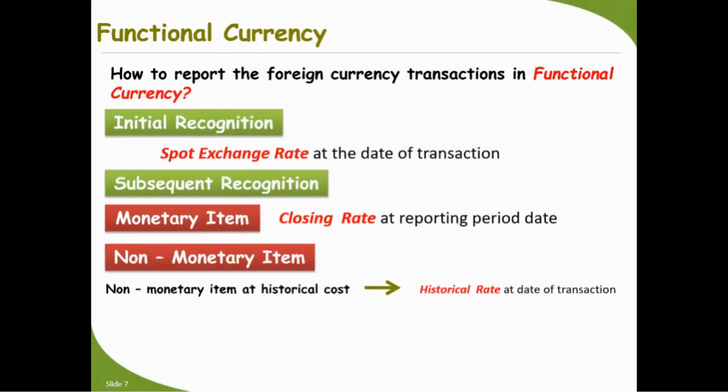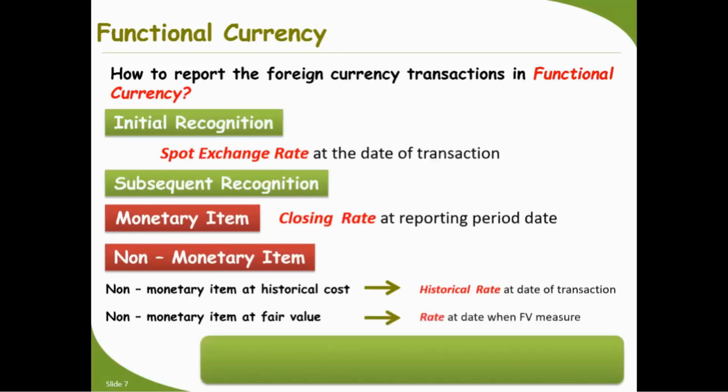At that date, whatever the exchange rate you had between UK pound sterling and PKR rupees, you will use that rate. And if you are recognizing your non-monetary items at fair value, it means you will use the rate at the date when you measured your fair value.